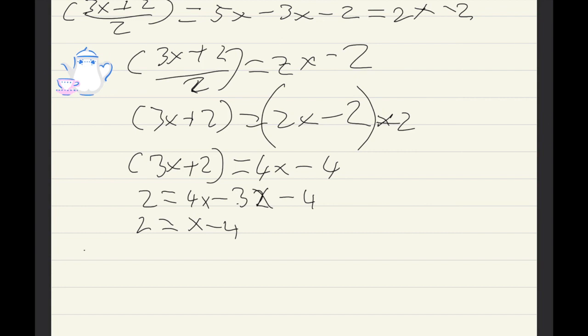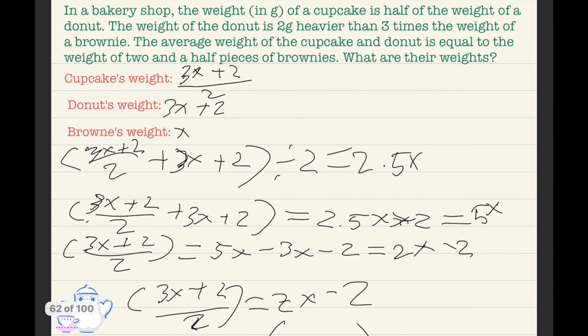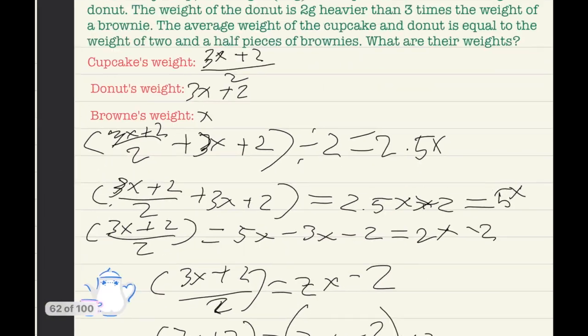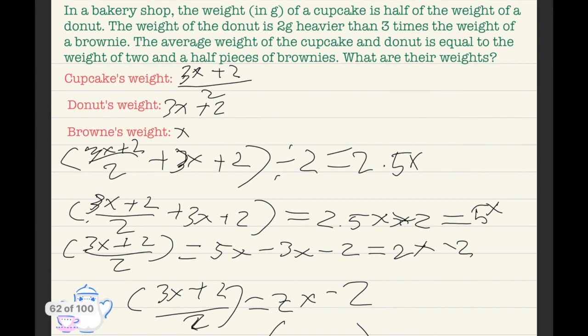So 4 plus 2, equals x. So 4 plus 2 equals 6. So then 6 equals x. And the brownie's weight is x, and x equals 6.